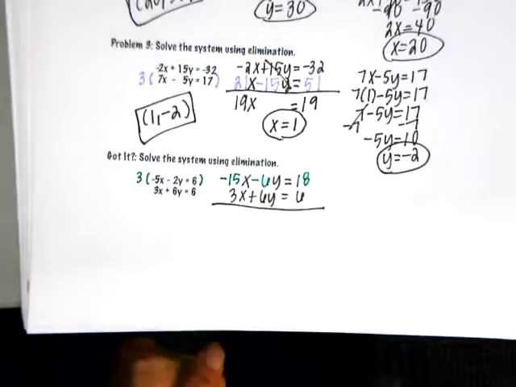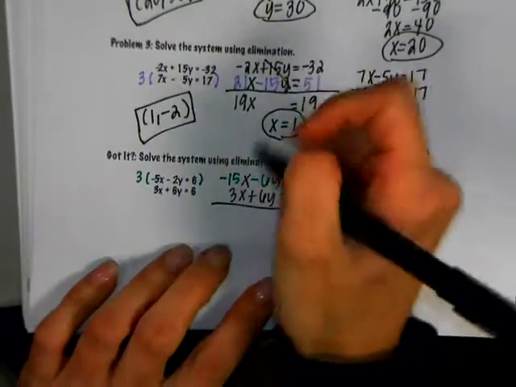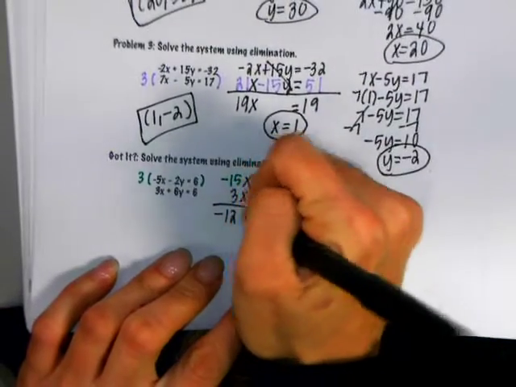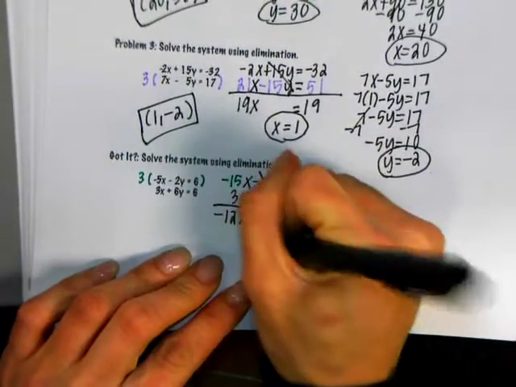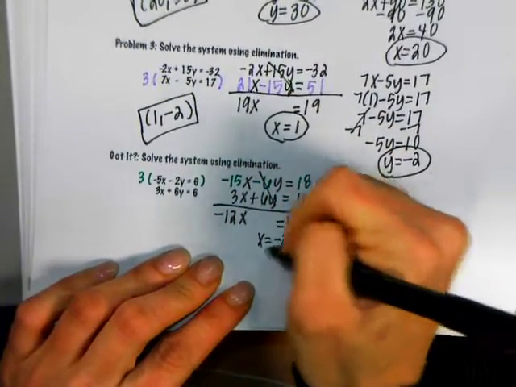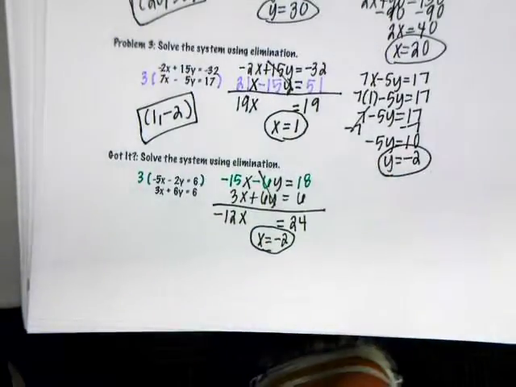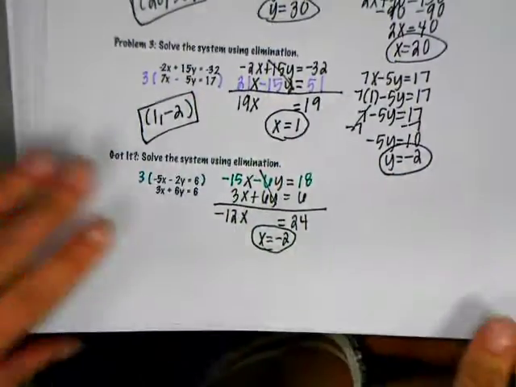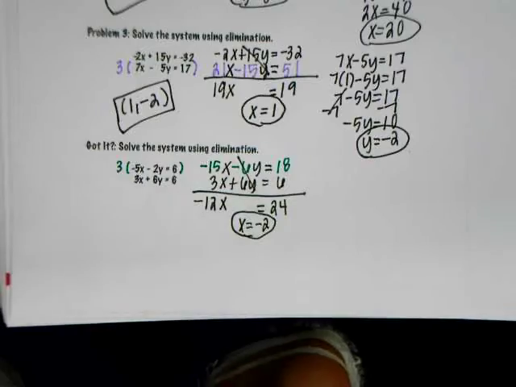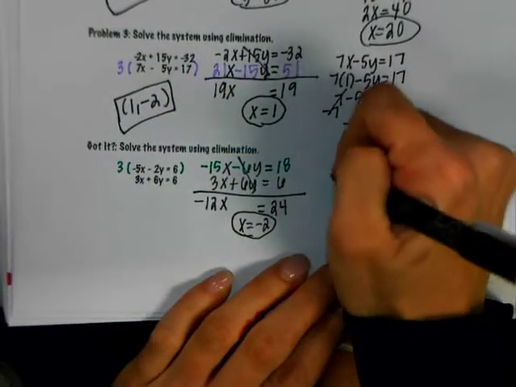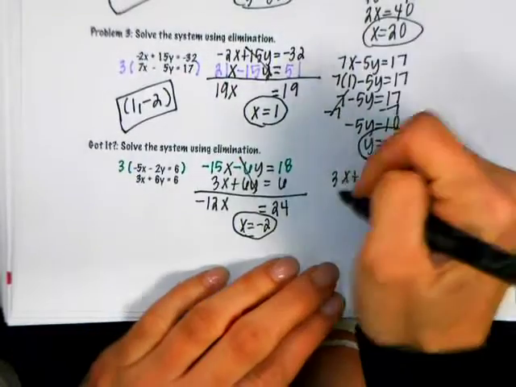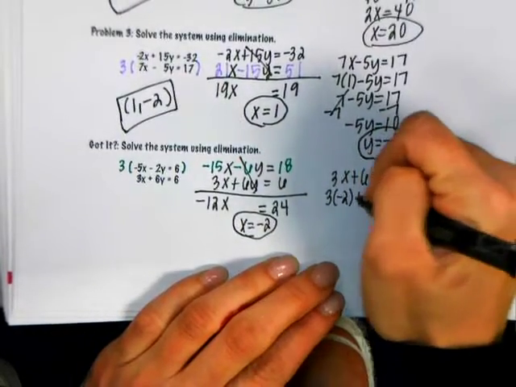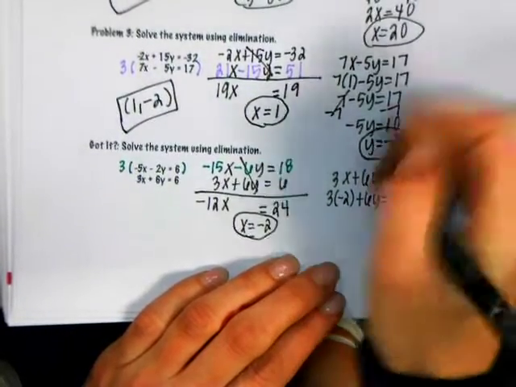Okay, so what is negative 15x and 3x? Negative 12x. Those cancel, equals 24. So what does x equal? Negative 2. Okay, I'm going to use the bottom original. 3x plus 6y equals 6. 3 times negative 2 plus 6y equals 6.